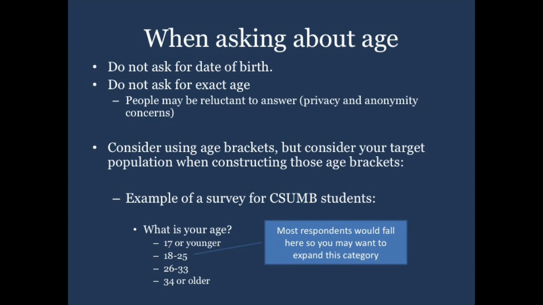For example, if you are distributing a survey to CSU UMB students, and that is your population, perhaps most of the respondents are going to be within the 18 to 25 age bracket. So if your brackets are too wide, most of the respondents will probably just fall into one of them without giving you a lot of information. Again, it depends on your research question.